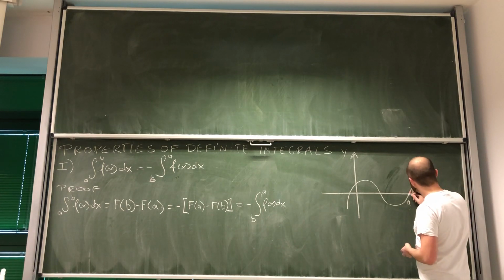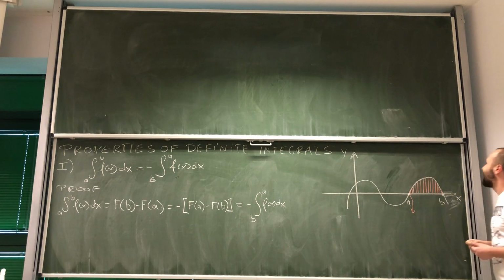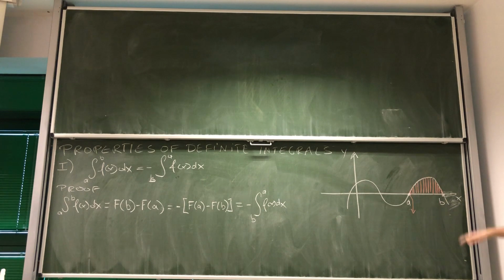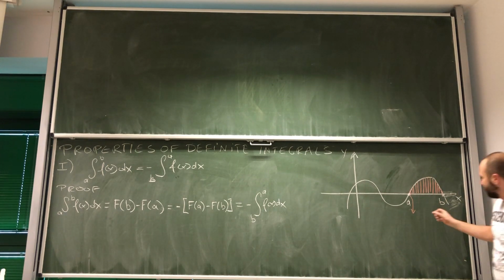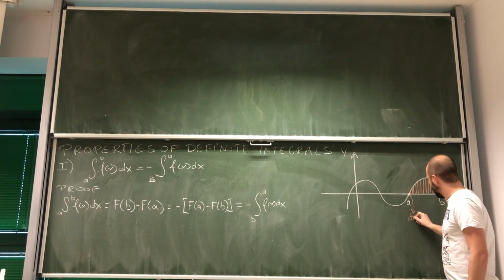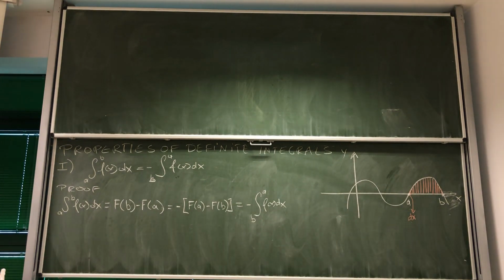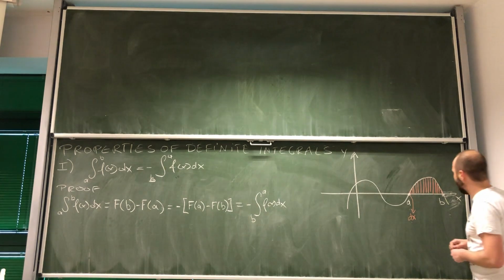Now, what is the length on the horizontal axis of one of those? Well, it's dx. Now, we know that this number is very small, right? But is it positive or negative? Well, it's clearly positive. Why?